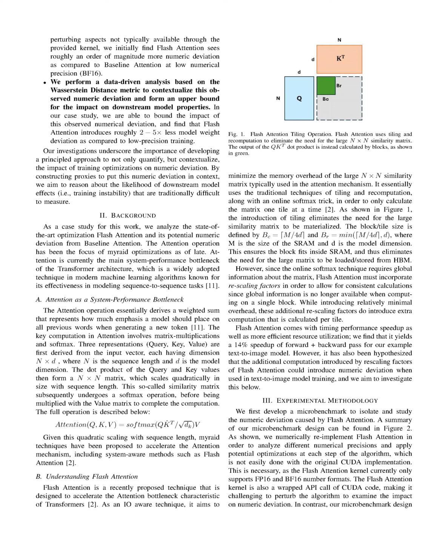We introduce a quantitative approach to understanding numeric deviation in training optimizations, focusing on flash attention, a technique aimed at accelerating the attention mechanism in transformer models. By analyzing the potential numeric deviation introduced by flash attention compared to baseline attention, we aim to quantify and contextualize the impact of such optimizations on model stability.